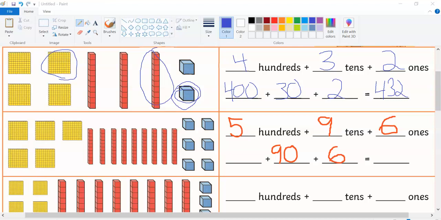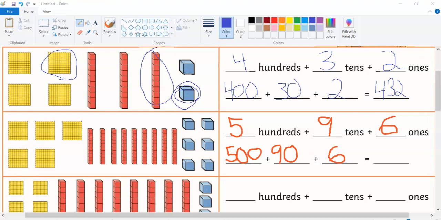Hundreds, we take our little 5 here, and since it's in the 100 spot, 100 has 2 zeros, right? So we're going to put in our 2 zeros, our 2 placeholders here for our hundreds. Now, we have 500 plus 90 plus 6.